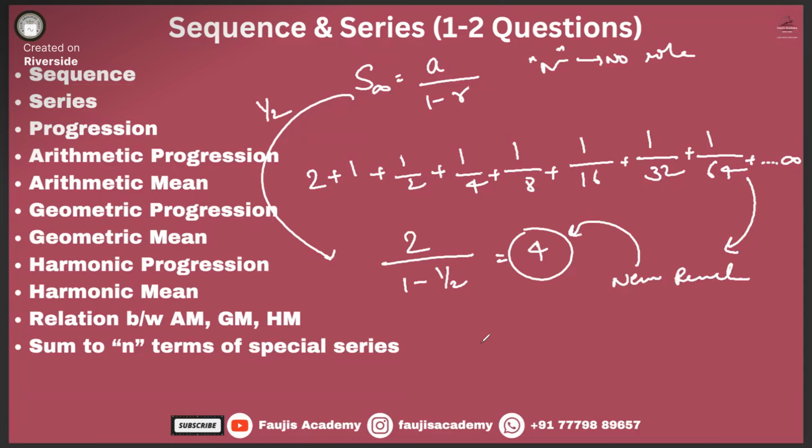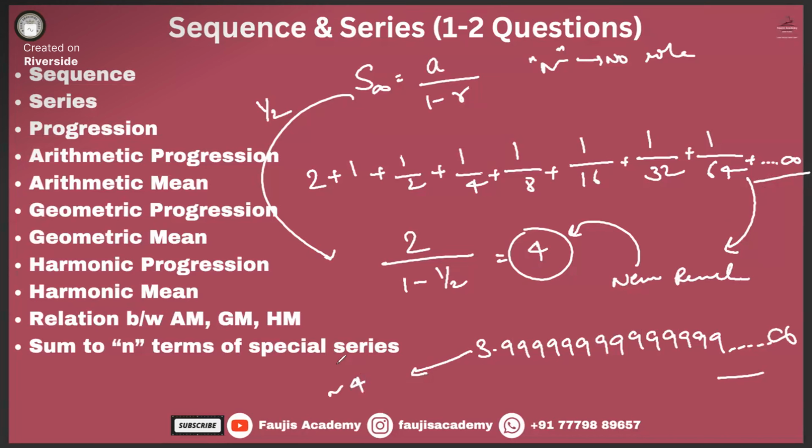But we cannot write 3.99999, infinite times 9, if we have to stretch it till infinity. We just truncate it to 4. And that is why it is given by this formula, A by 1 minus R.